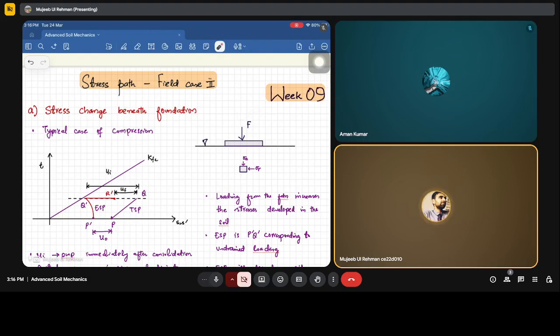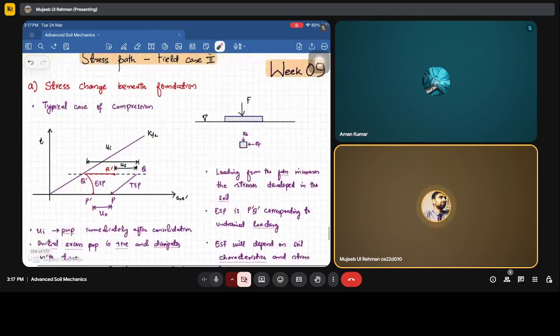If we consider the K naught condition, sigma R will be less than sigma A. This will be a typical case of compression, which we have studied in the last few lectures. So loading from the foundation increases the stress developed in the soil, and as I told you, sigma A will increase with the loading because it is going to increase the stresses in the soil.